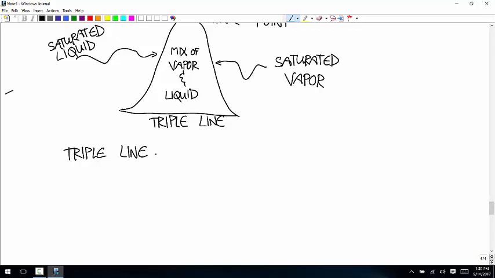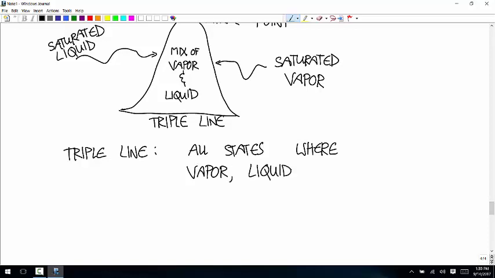Okay, so the triple line, first of all, that line represents all the states where vapor, liquid, and solid exist in equilibrium.